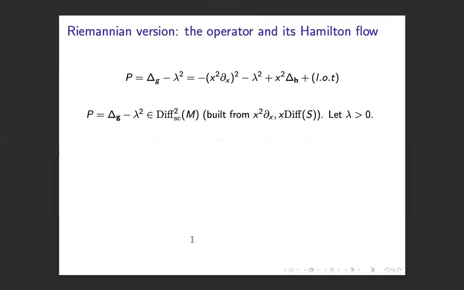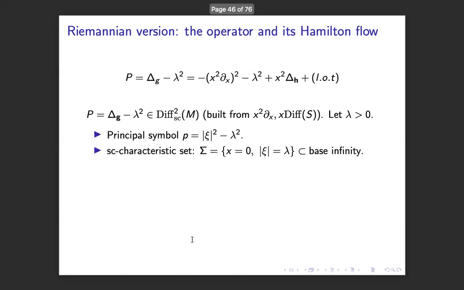Now what we look at instead of the Klein-Gordon operator is the Laplacian minus a constant. It looks like this, plus some lower order terms in a precise sense. So you can see that it's built out of x squared dx and operators on the boundary, in the transverse variables, multiplied by x. This class of differential operators is called the scattering differential operators.